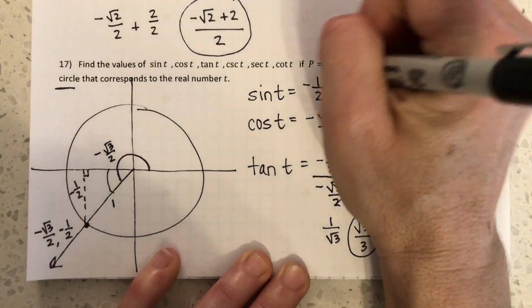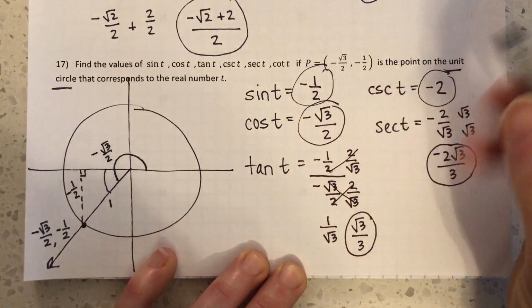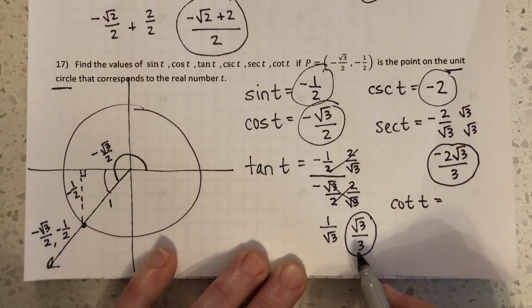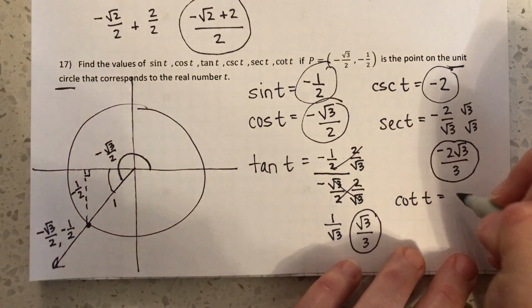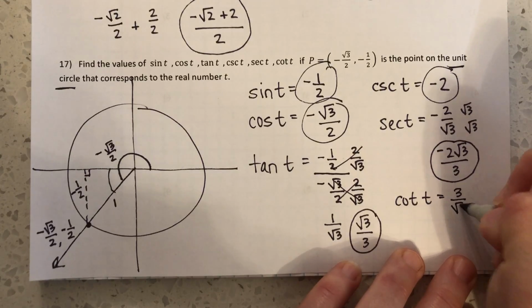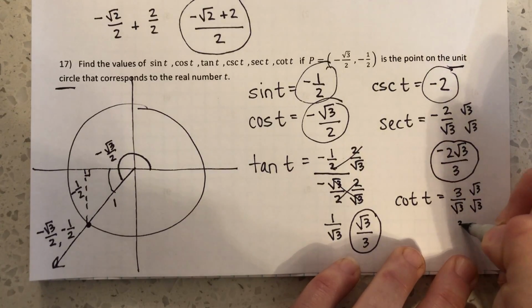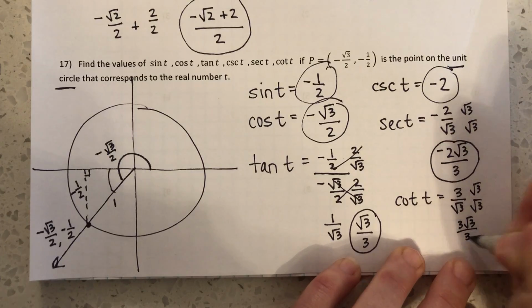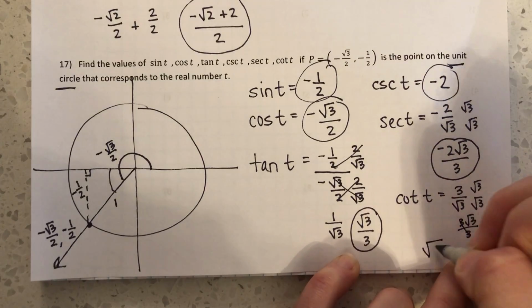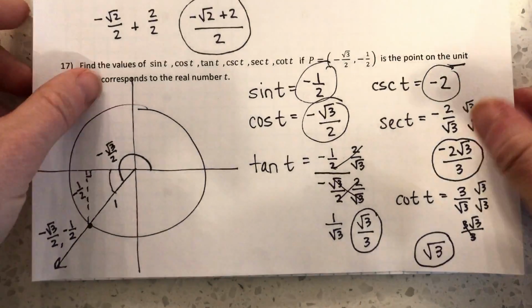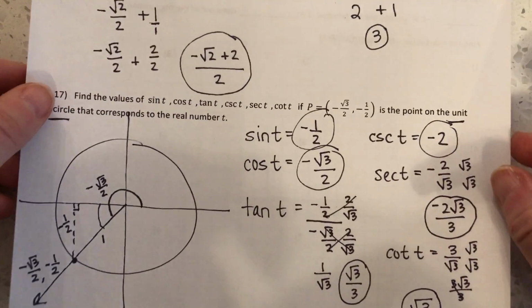And then the last one, the cotangent of angle T is the reciprocal of tangent, so it would be 3 over root 3. I'll clean that up. You get 3 root 3 over 3. My 3's cancel, and it's just root 3. Okay? All right, perfect. I just have a couple more angles to practice with you.